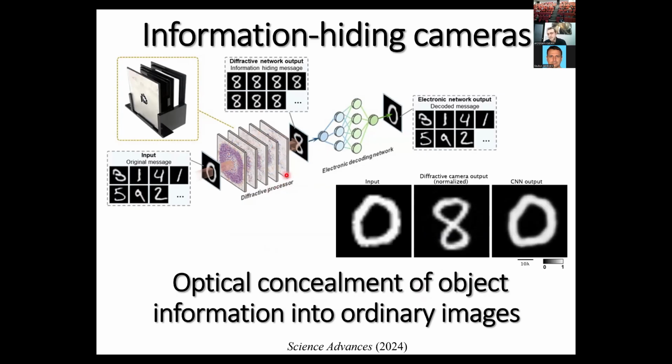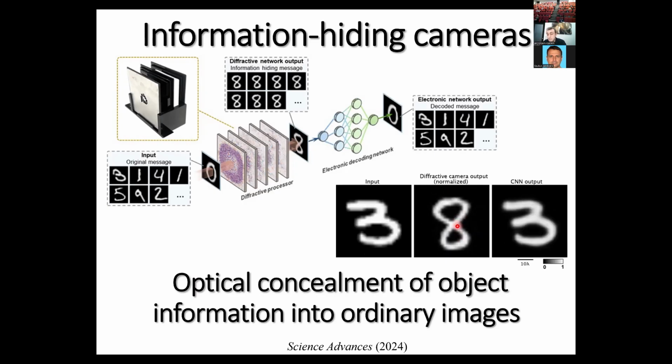The task of this diffractive processor is to take any arbitrary message and transform it into a dummy-looking ordinary message that might mislead us, but there is a back-end digital network that is jointly trained with the diffractive processor so that the back-end can retrieve the original image, even though it looks boring to our own eye.